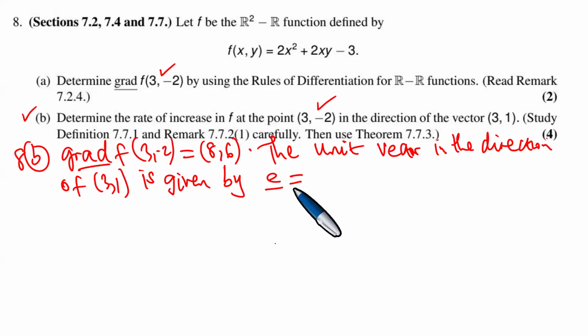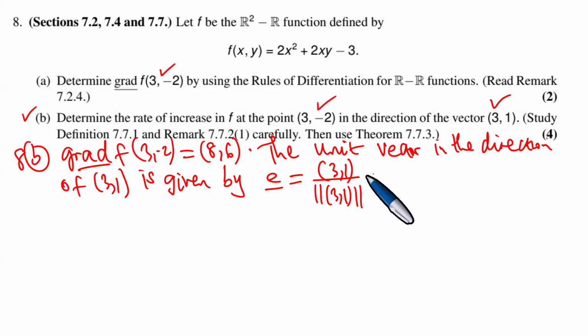the unit vector, which is e bar, because it is in the direction of the vector 3 and 1. So write 3 and 1, divide by the length of the vector 3 and 1. We divide by the square root of 3 squared plus 1 squared.